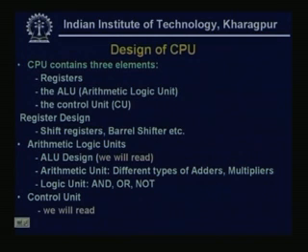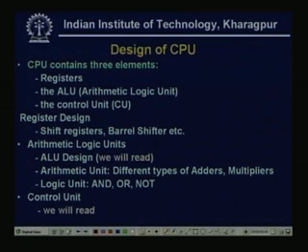So, the CPU contains 3 elements: the registers, the ALU, the arithmetic logic unit, and the control unit, or CU. Now, when we discussed earlier, we read the different types of register designs.